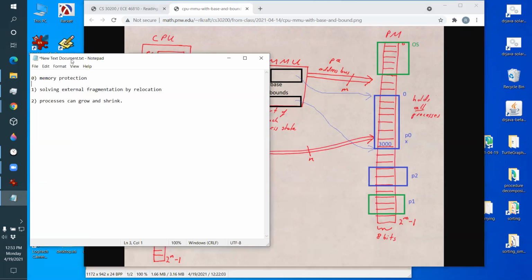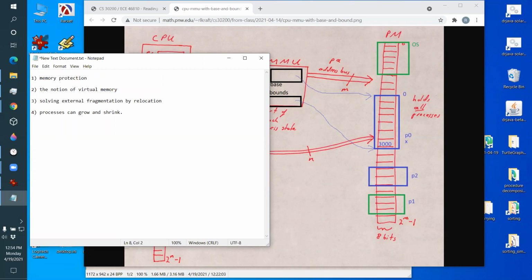So the absolute most important thing that base and bounds is giving us is memory protection, and the notion of virtual memory. Actually, memory protection would be the first one, and then the second is virtual memory.